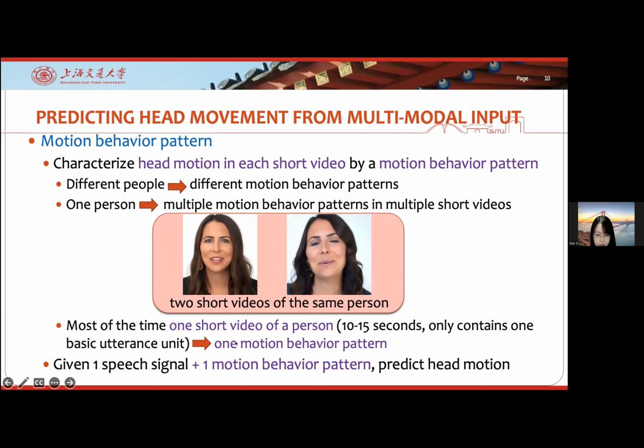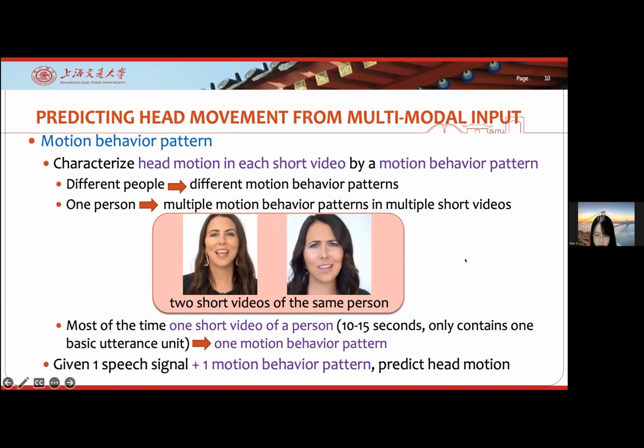In this way, we can define a motion behavior pattern for each short video. And then if we have the motion behavior pattern, we can predict the head motion from the speech signal conditioned on this behavior pattern. Next, I'll introduce how we extract the motion behavior pattern and how we conduct the mapping.